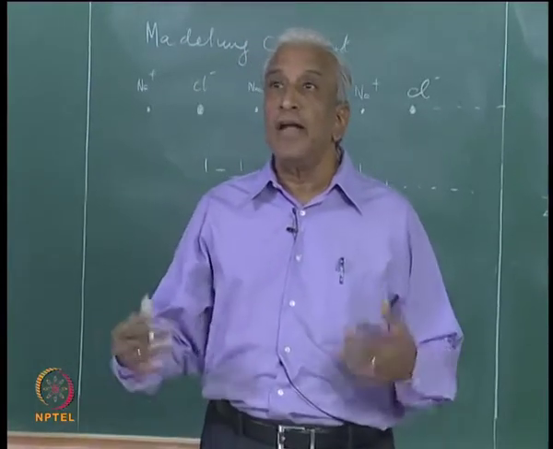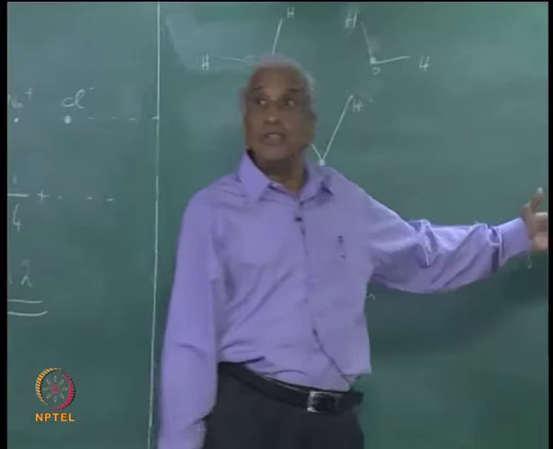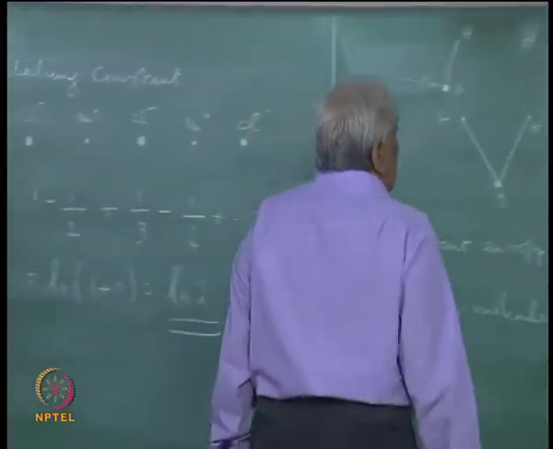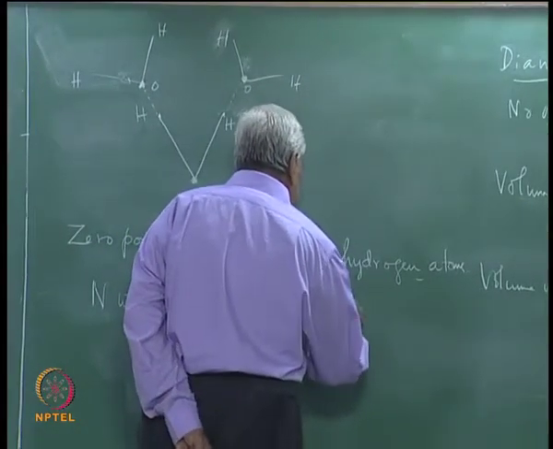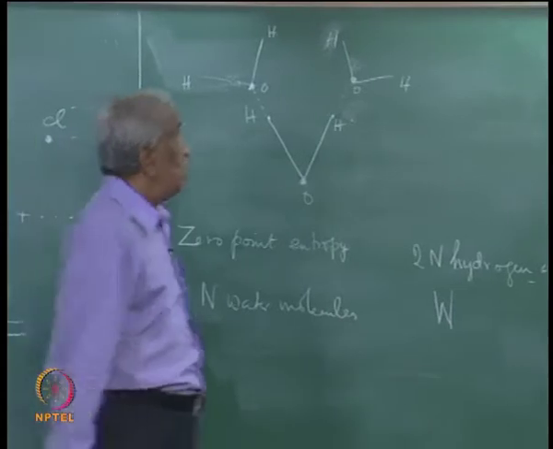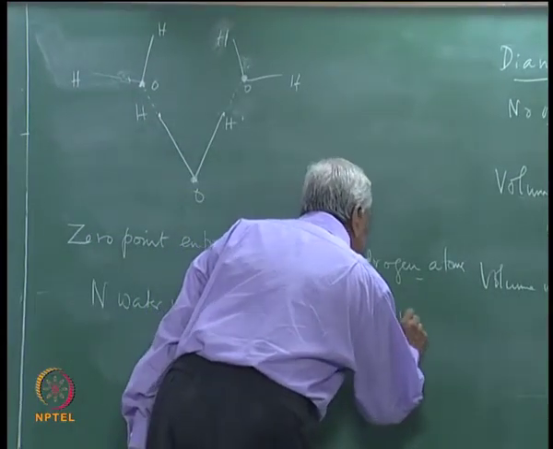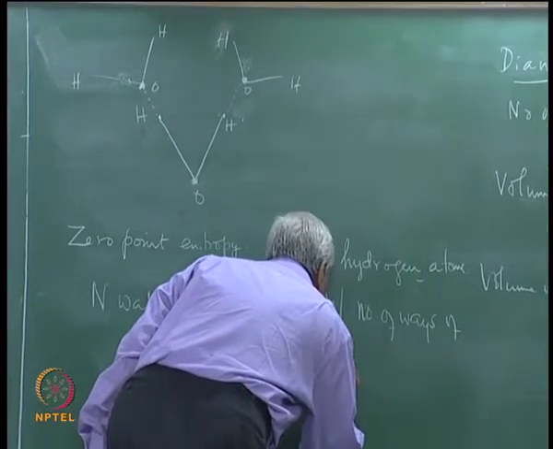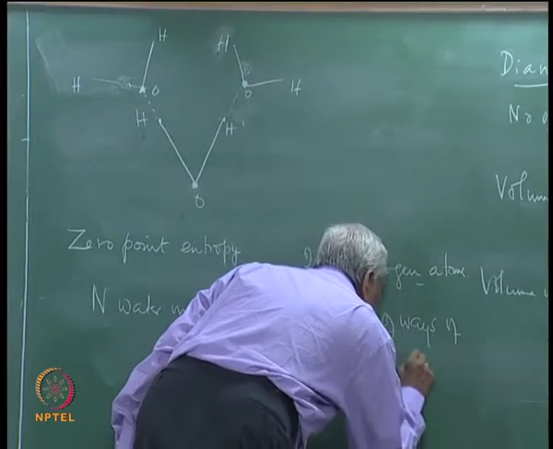Now, we have to find the disorder associated with distributing these 2n hydrogen atoms. If the number of ways of distribution is W, then the number of ways of distributing these hydrogen atoms is W.